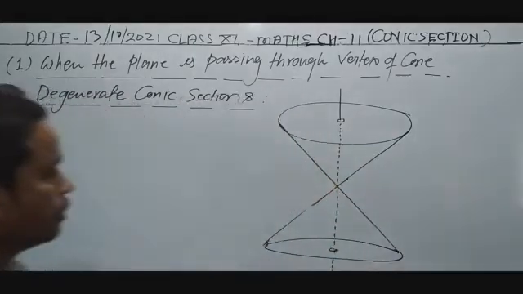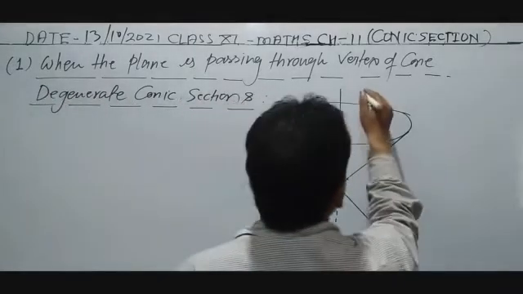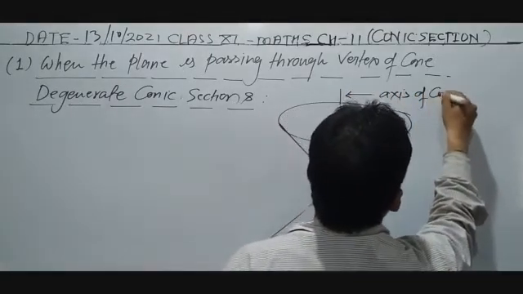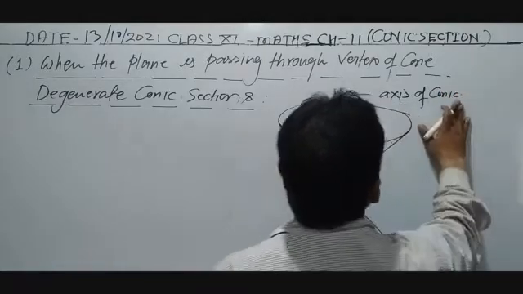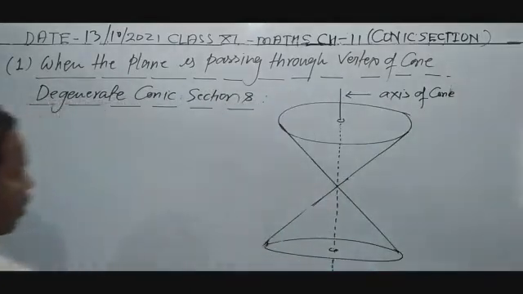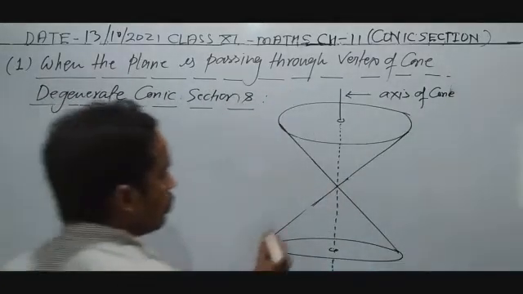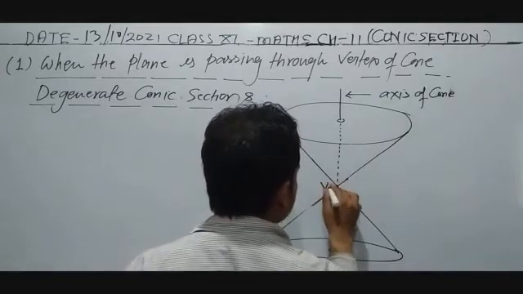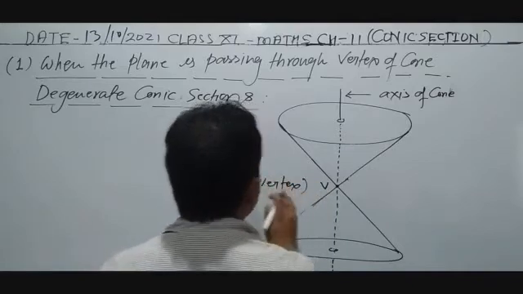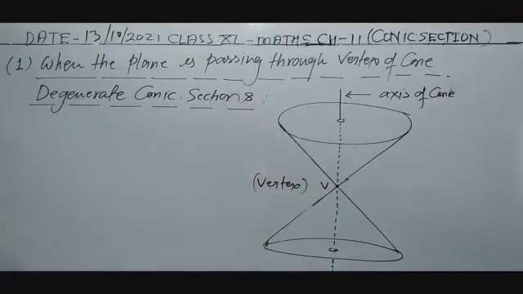This is the axis of the cone. And this is the vertex, you know. V is the vertex. And there are three cases in which the plane is passing through the vertex.